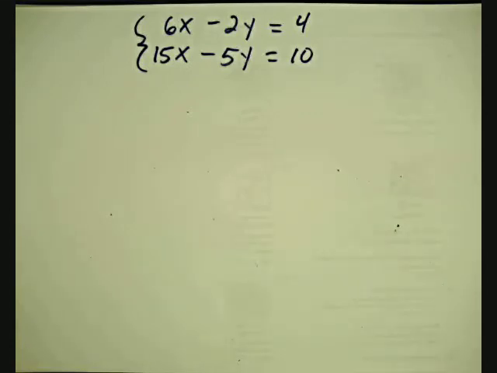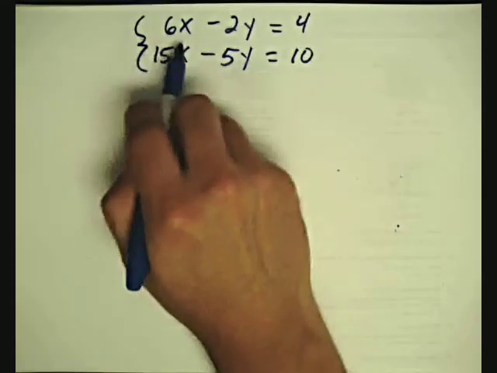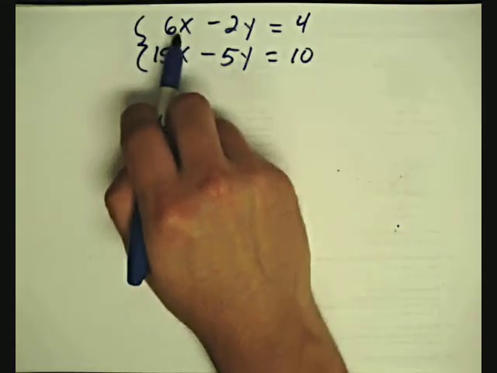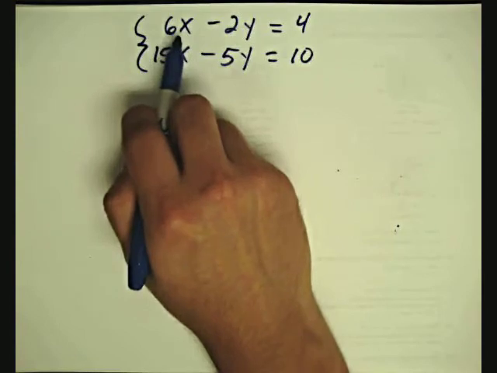Everything has a coefficient. So when we're choosing which variable we want to solve for, the strategy that you want to use is to choose a variable whose coefficient will divide into the other terms. So for instance, if you picked x to solve for, at some point you would have to divide by 6.